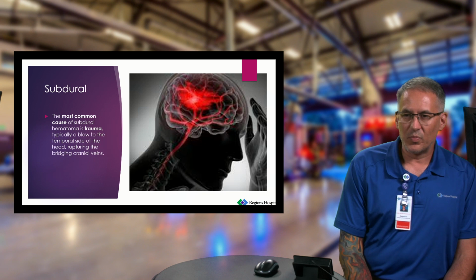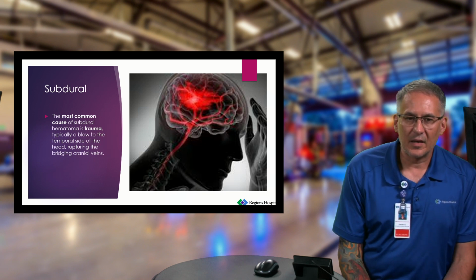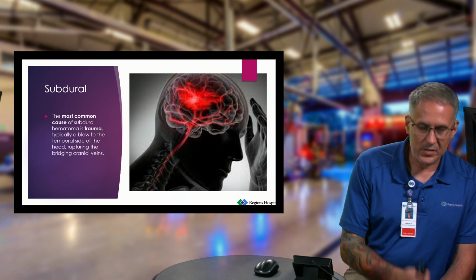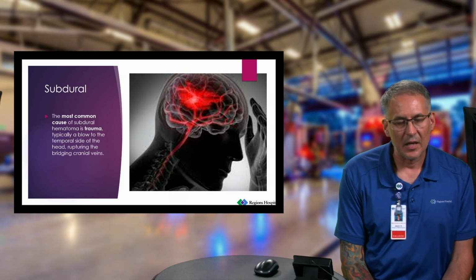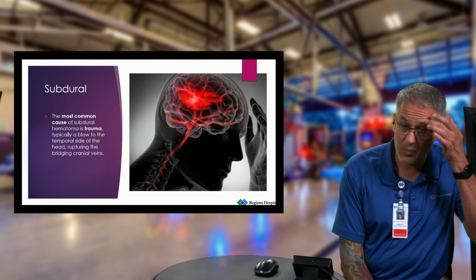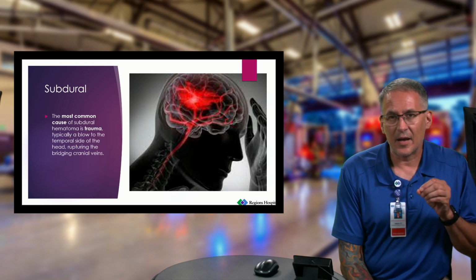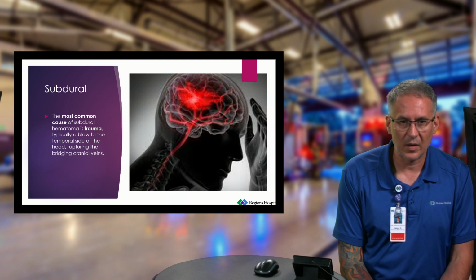Now, subdurals are the most common, and again, this is typically an elderly patient who gets up, falls down, strikes the side of their head, and they dismiss it. And then depending on how big the blood vessel is, the vein that they tear, and how big the tear is, is how quickly their signs and symptoms are going to come on.